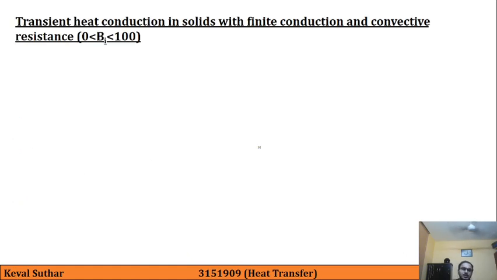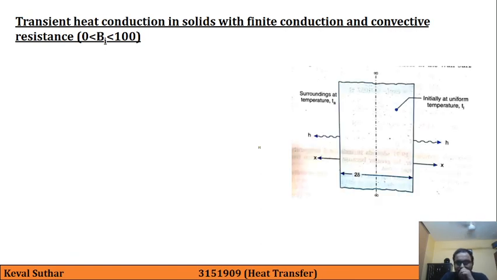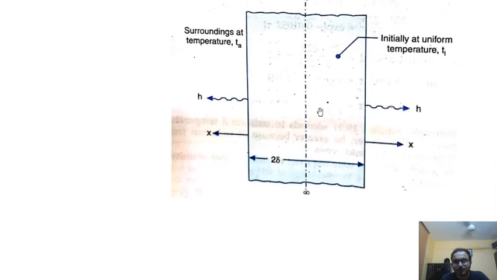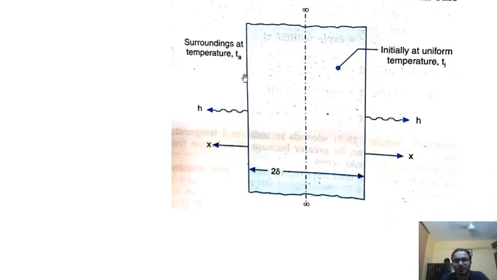Now our last theory is transient heat conduction in solids with finite conduction and convection resistance. So here, if we focus on this figure, we have this wall in which the surrounding is at temperature TA. Initially this wall is at temperature Ti, and we have taken this as a reference.